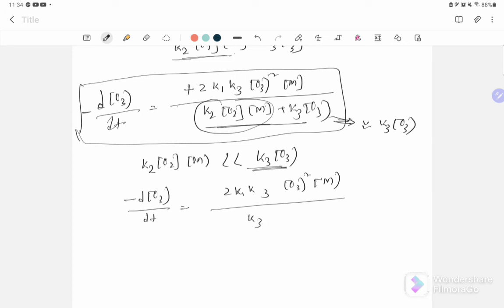Now K3 cancels out, O3 also cancels out, so it is 2 K1 [O3][M].